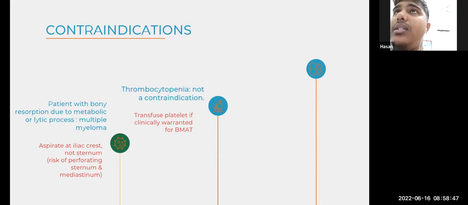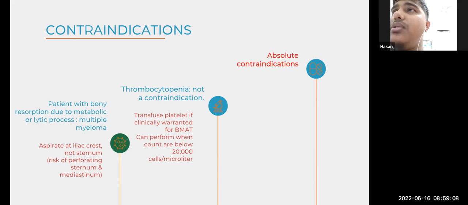However, if we're afraid of bleeding, we can transfuse the patient with platelets if clinically warranted for bone marrow aspiration. But we can still perform the procedure even if the platelet count is below 20,000 cells per microliter.